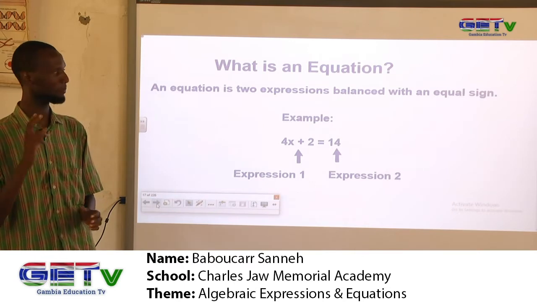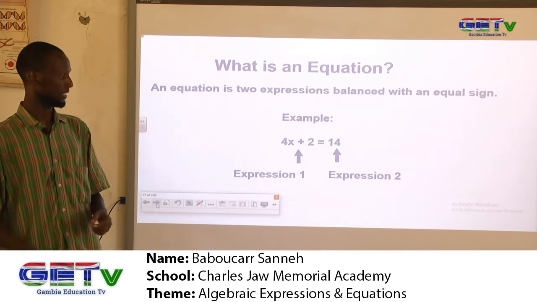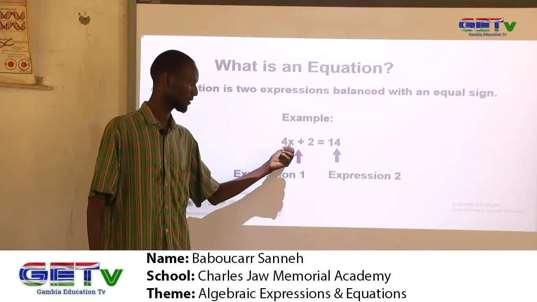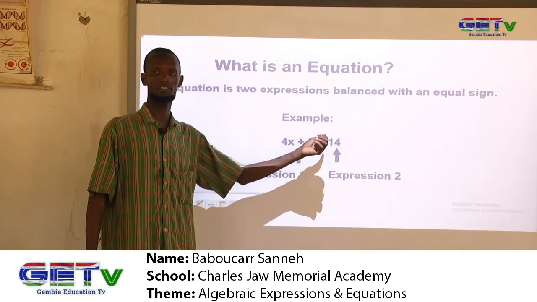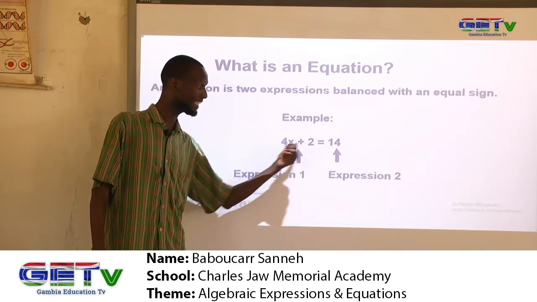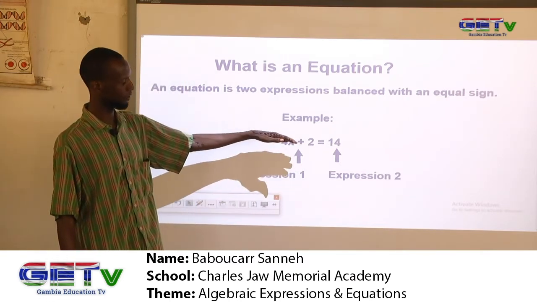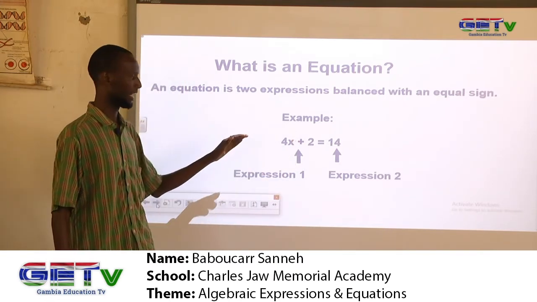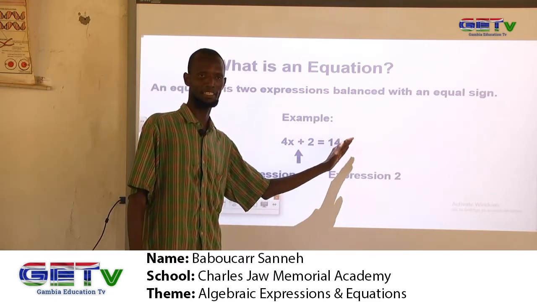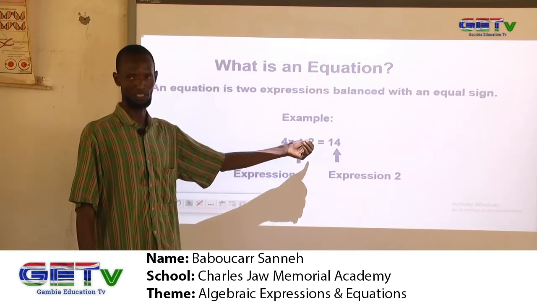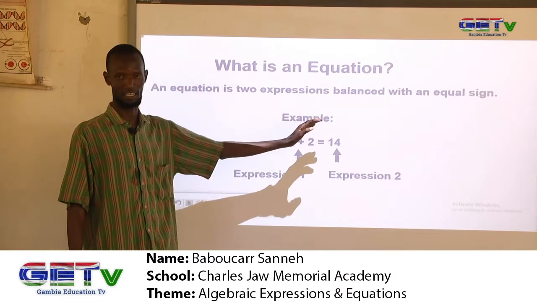Now, example here, we have 4x plus 2 equals 14. That is an equation. Why? Because you have an expression on the left-hand side, and you have an expression on the right-hand side, and then you have the equal sign there. So that qualifies this as an equation.